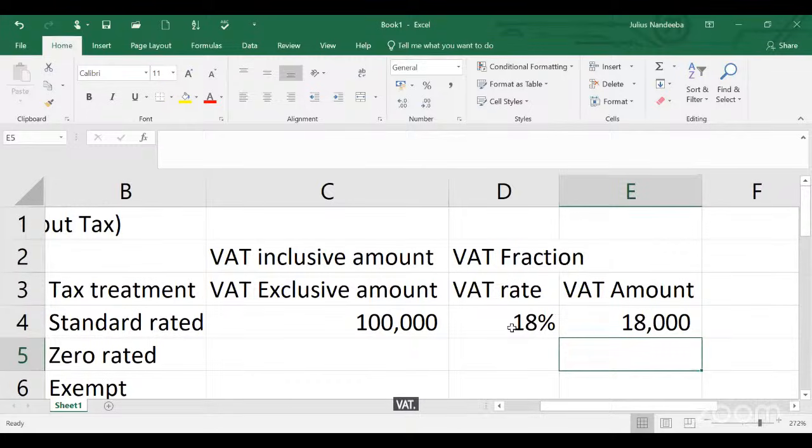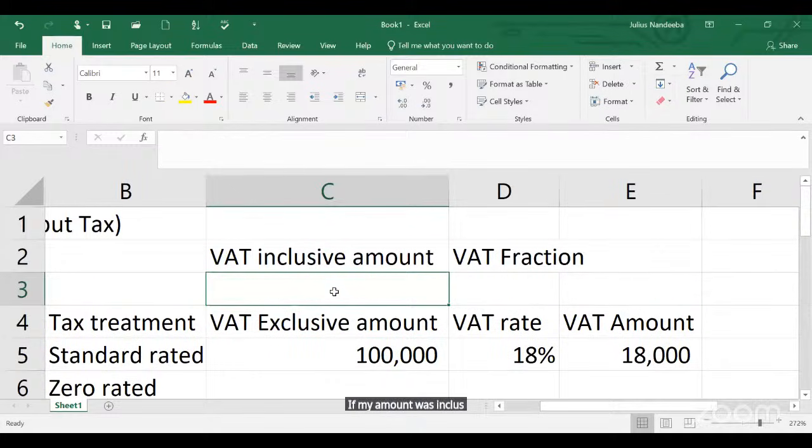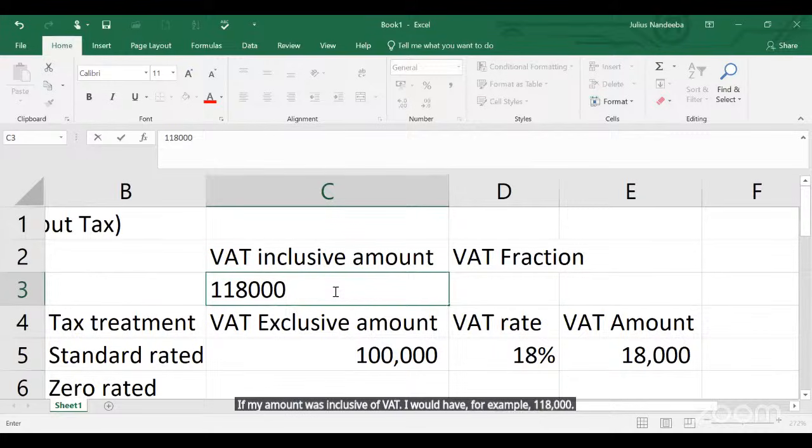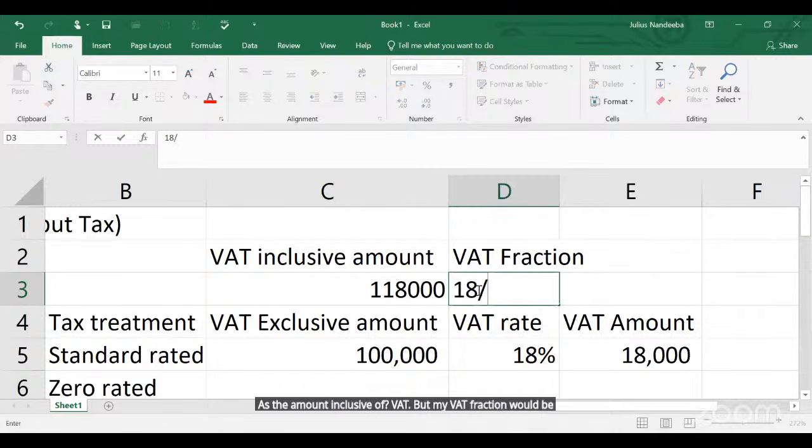If they have said that it is inclusive of VAT, this is what would happen. If my amount was inclusive of VAT, I would have, for example, 118,000 as the amount inclusive of VAT. But my VAT fraction would be 18% over 118.